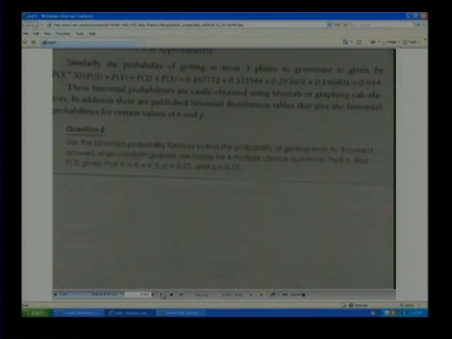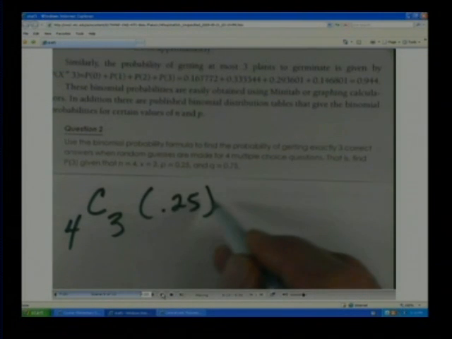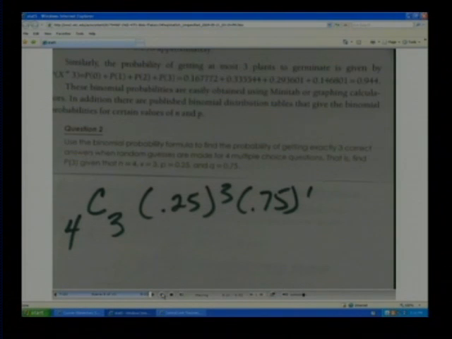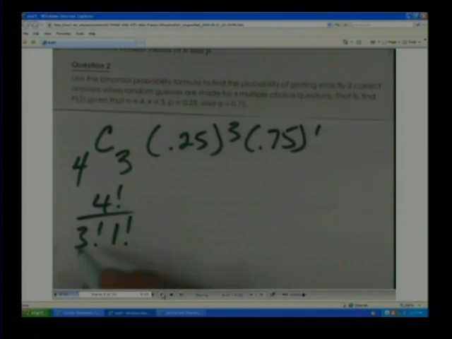It's going to be the combination of 4 questions taken 3 at a time, times 0.25 raised to the third times 0.75 raised to the first. When you multiply that out, this turns into 4 factorial over 3 factorial times 1 factorial, so that term becomes 4 factorial over 3 factorial.